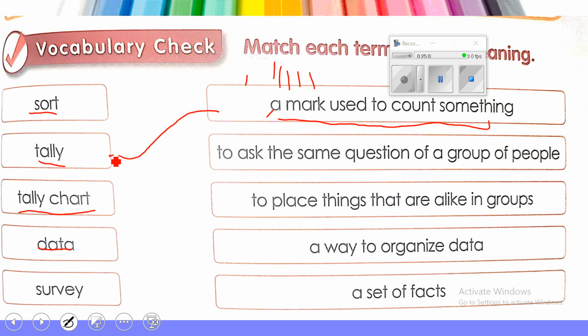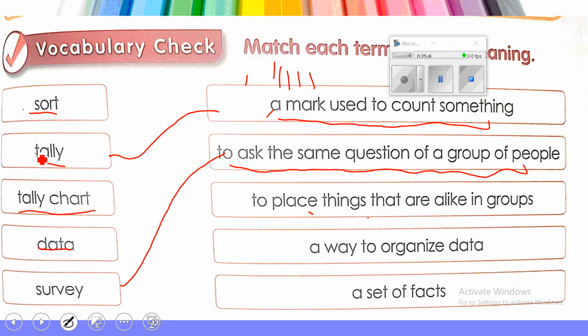Very nice. You ask the same questions of a group of people. When I'm asking questions, I collect data by asking questions. Excellent. I make a survey. To place things that are alike in group. You remember if I have many cards, some of them are blue, green. So I place green together and blue together. What am I doing here?